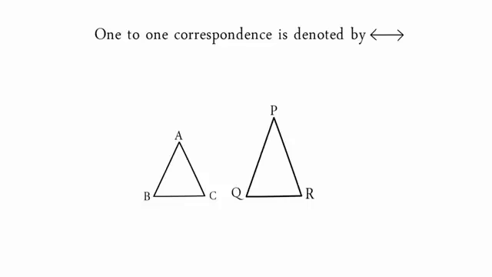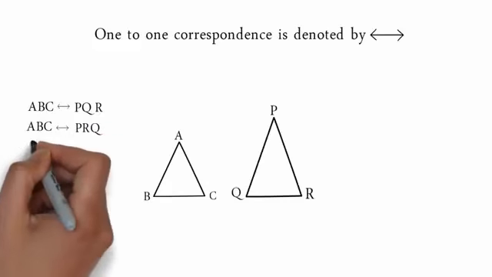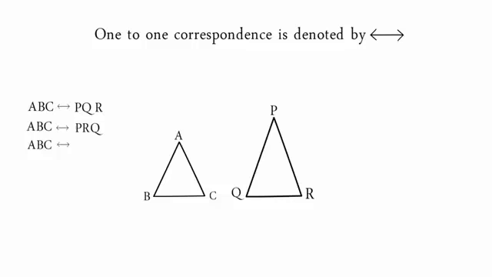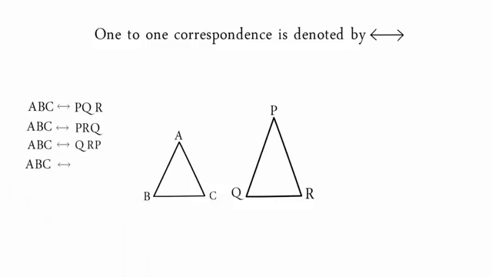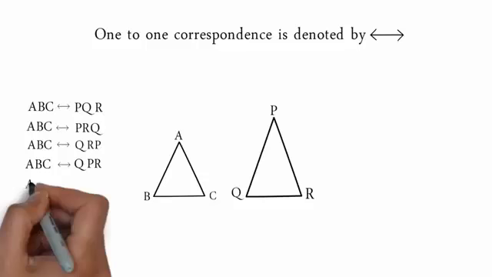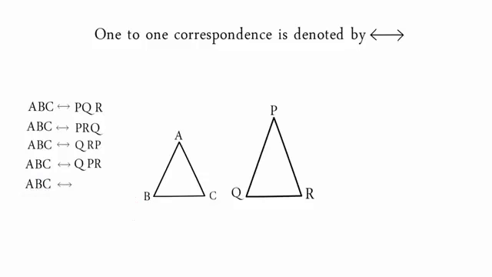They are: ABC to PQR, ABC to PRQ, ABC to QRP, ABC to QPR, ABC to RPQ, ABC to RQP.